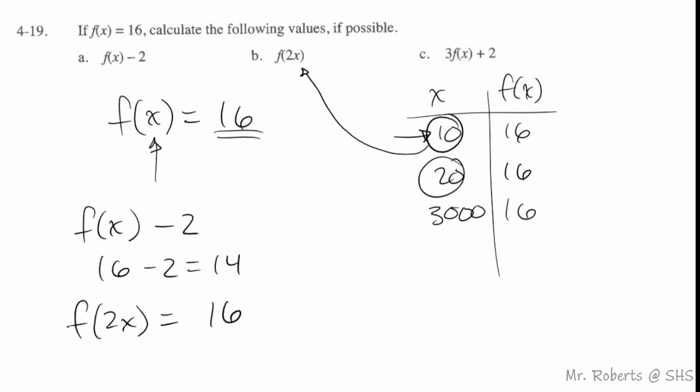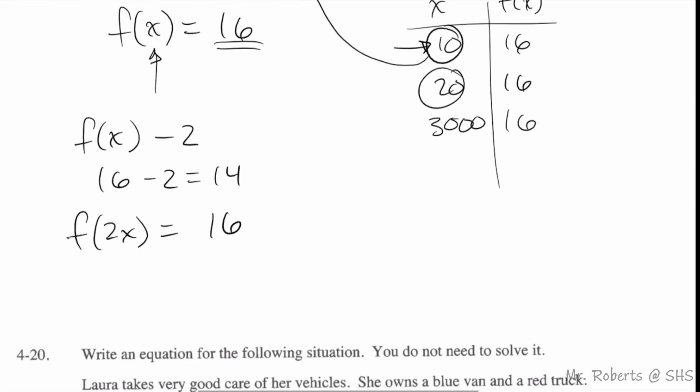And then the last one says, what's 3 times f of x plus 2? So what's 3 times f of x plus 2? Well, we know something about f of x. It's very consistent. It only is 16.